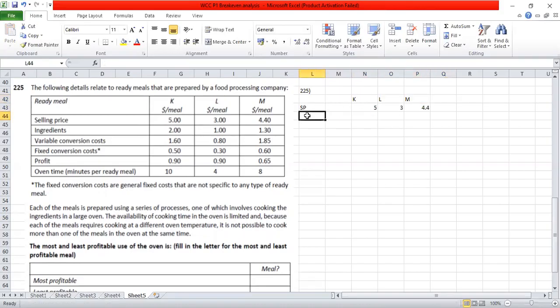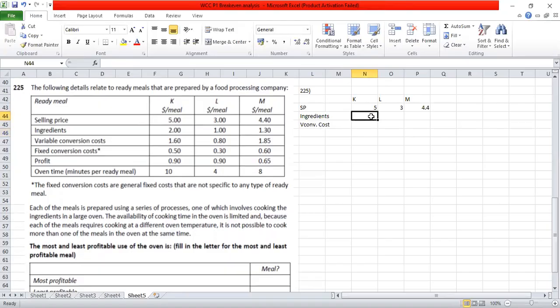The variable costs are first we have ingredients, then we have variable conversion cost, that's it.